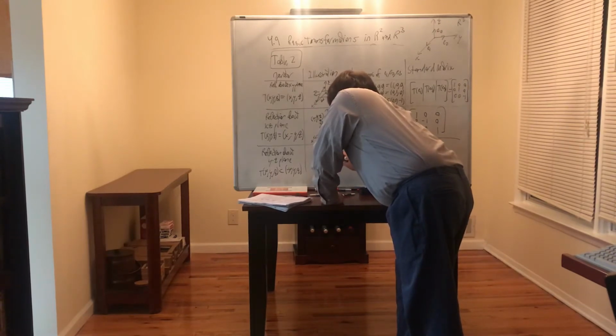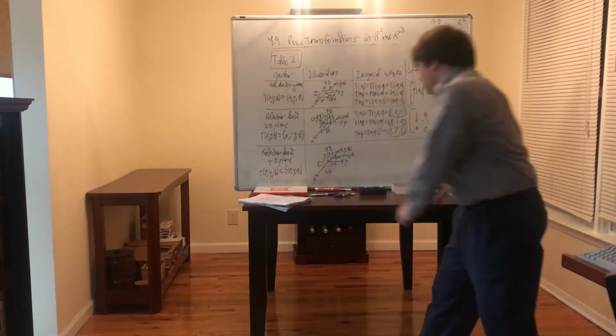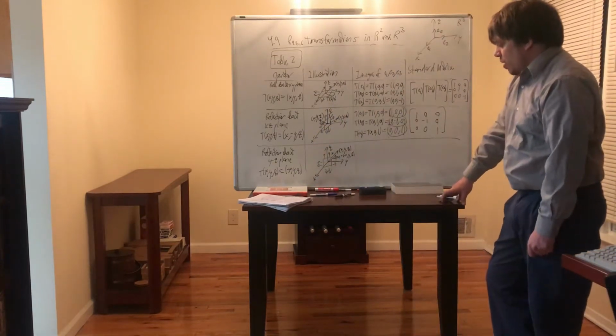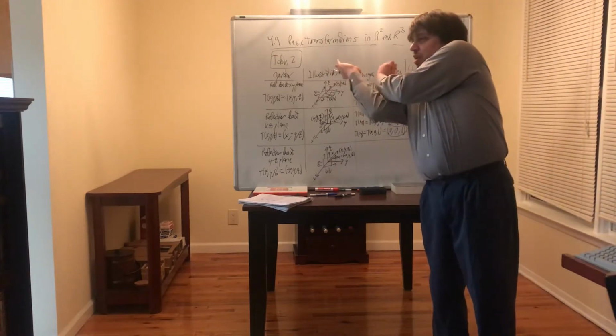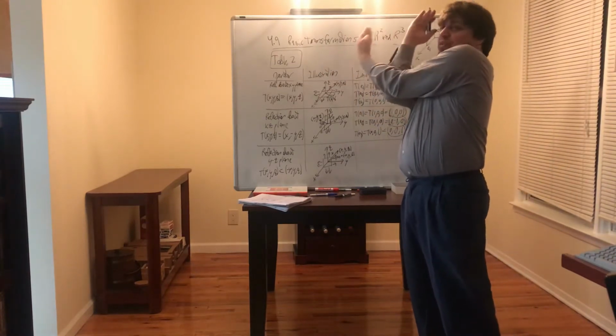T of x is going to be equal to (-x, y, z). You're just going to reflect it about the plane. It's going to go something like this.